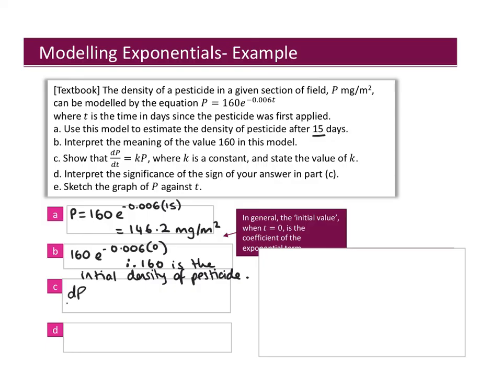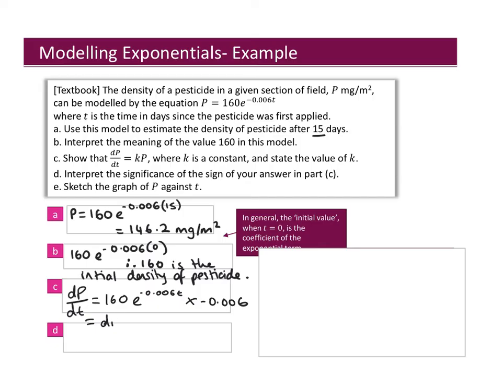To find the rate of change, we need to differentiate P. The e is going to stay the same, to the power of minus 0.006t, but I'm going to multiply 160 by minus 0.006.